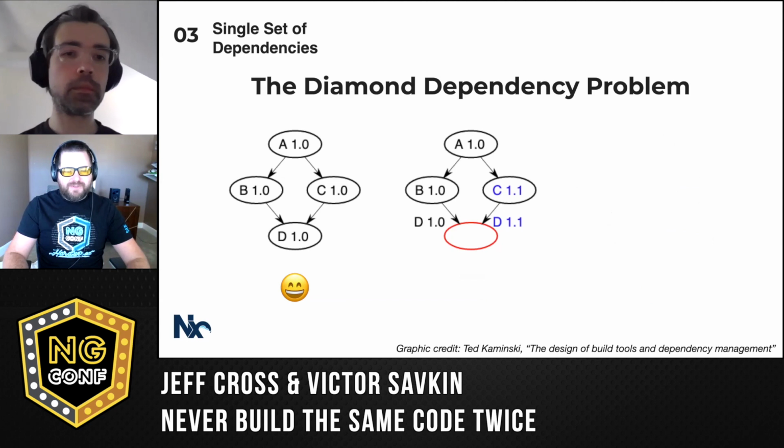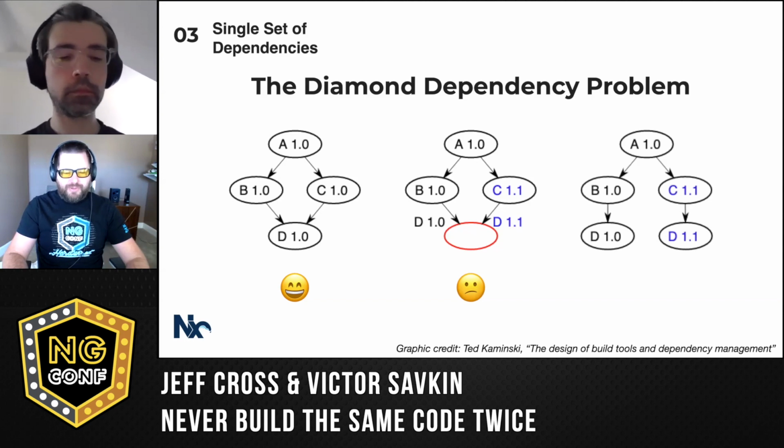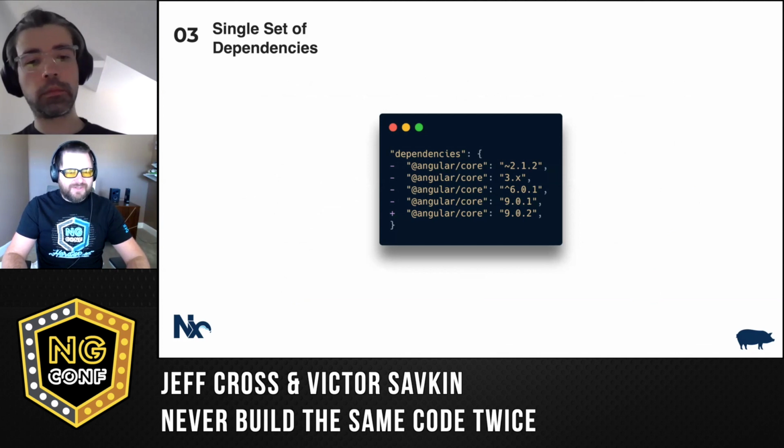If you depend on different versions of that third-party library, then you end up having to have two versions of that third library deployed. This gets into a real problem with JavaScript applications, or really anything that has instanceof checks at runtime, like Angular.